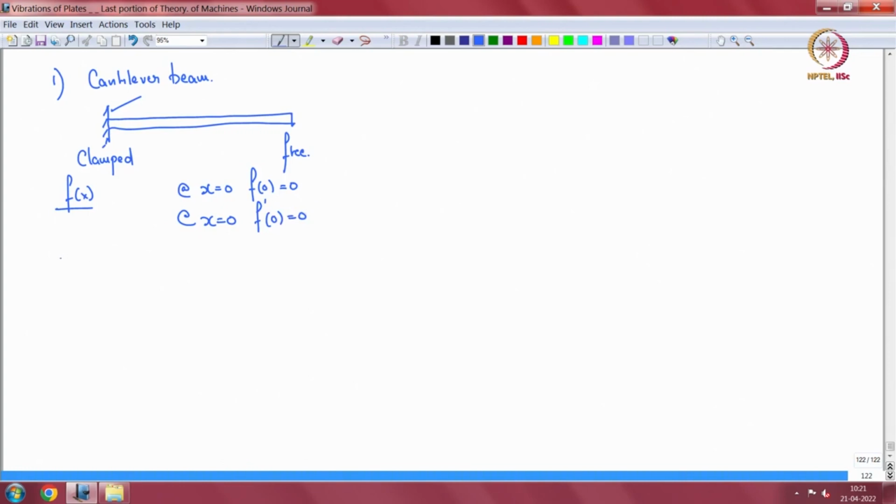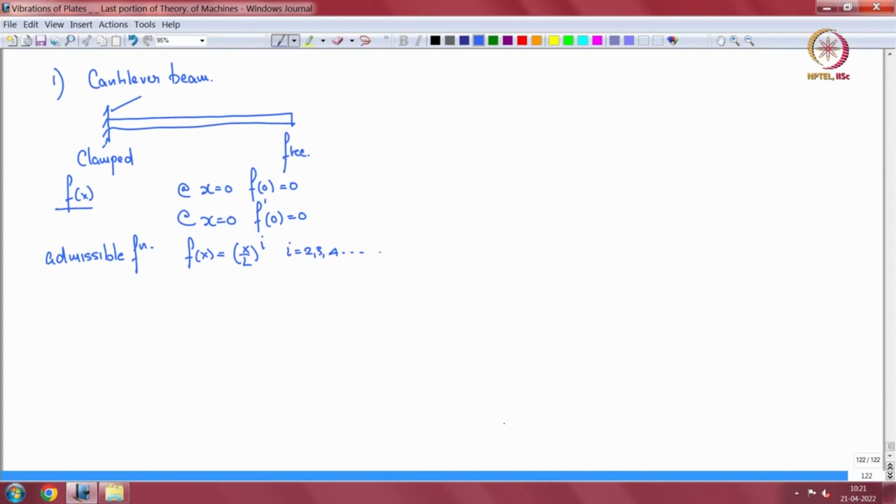So the admissible functions are f of x is equal to x by L to the power i, where i is equal to 2, 3, 4.